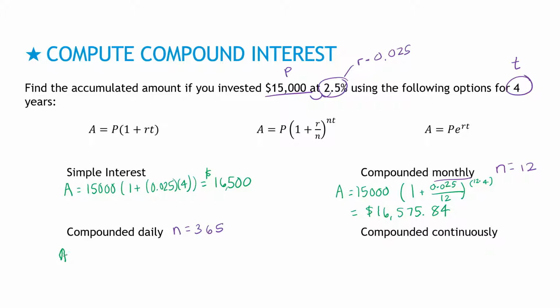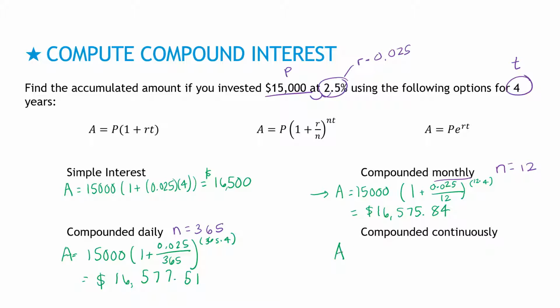Compounded daily, it's going to look exactly like this one, except 12 is going to be 365. So I've got 15,000, 1 plus 0.025 divided by 365, and then to the 365 times 4, and again, I don't need to simplify any more than that, and I get 16,577.51 rounded correctly.